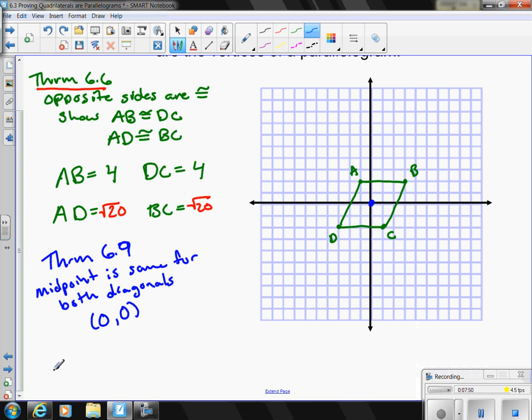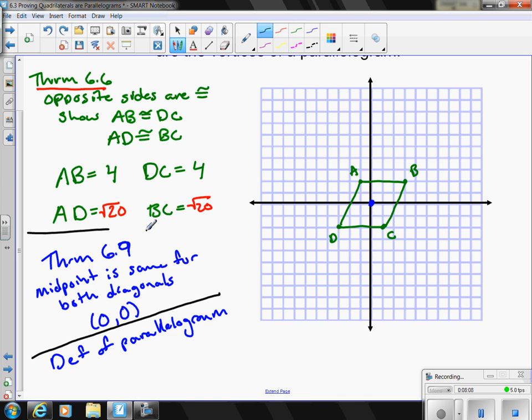We can also use the definition of parallelogram. That says that your opposite sides are parallel, so I'd have to look at my slopes. We show that opposite slopes are the same.